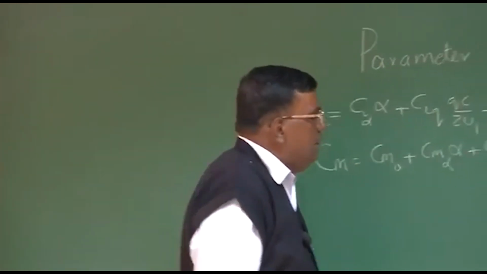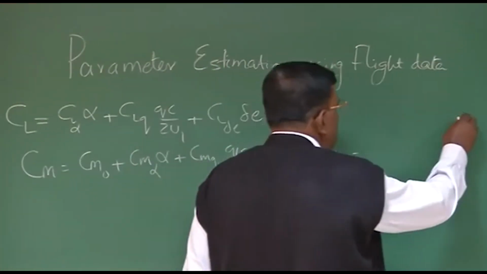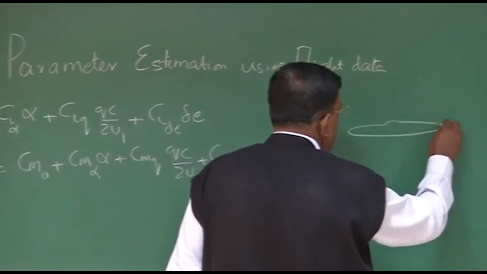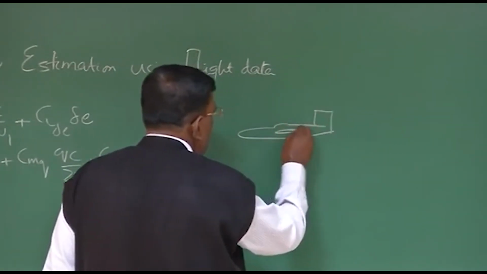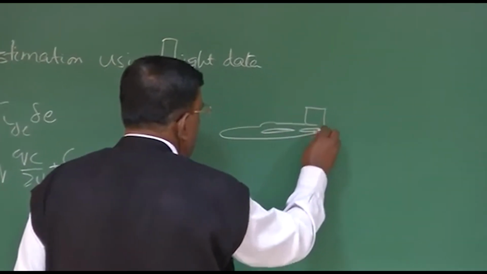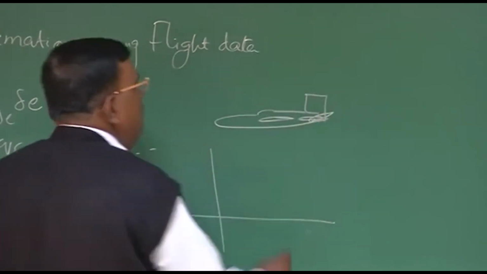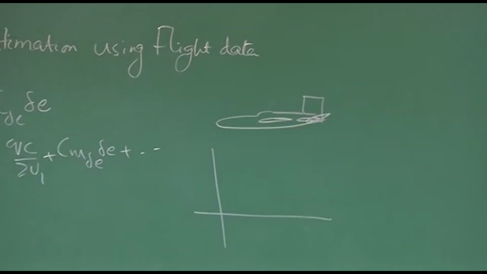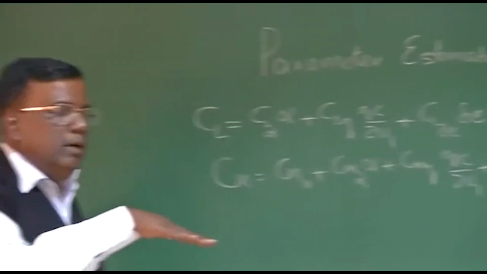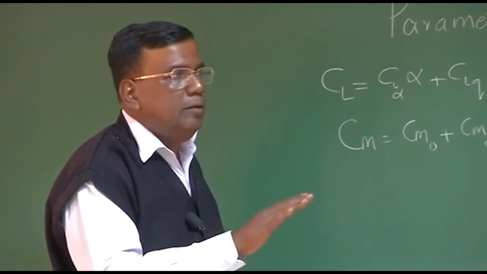Please see what is in our mind. Suppose this is a plane. There is an elevator here, and I give an elevator input to the airplane. That is, I am moving like this, I give elevator up and then again take it back.